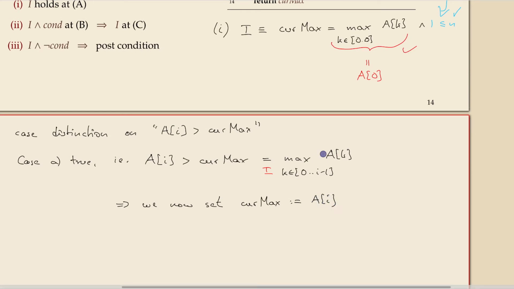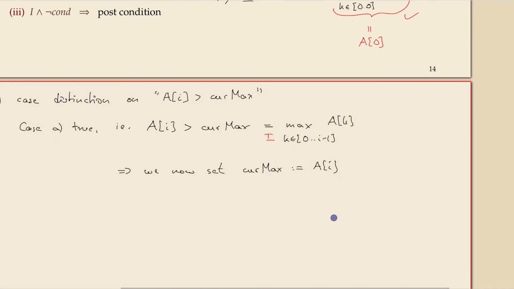Now, what does that mean for this red statement of the loop invariant? We can already have a look at that. Let's start with the maximum.